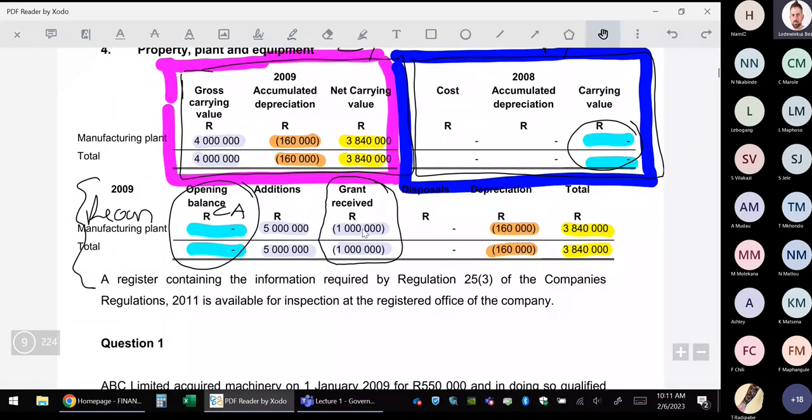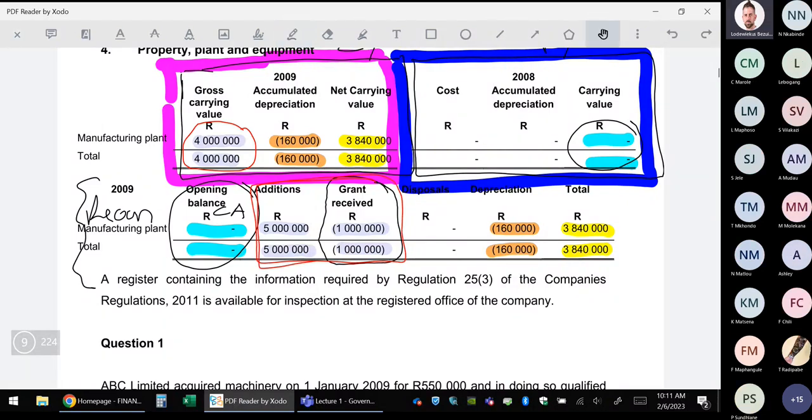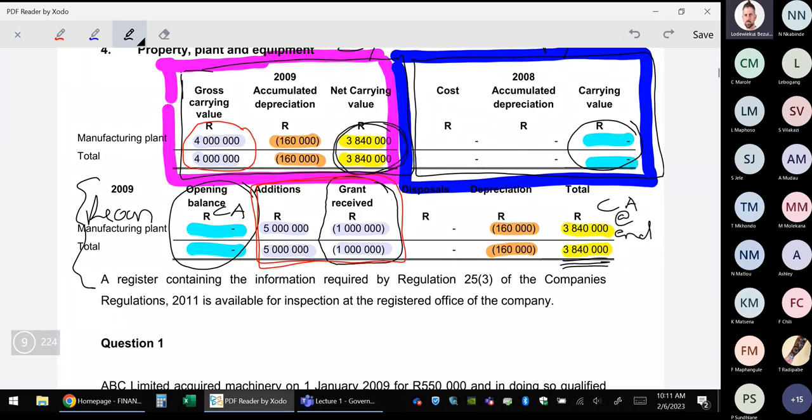So 5 less 1 gives us the 4 million net cost of the asset, and that is those two together. Less the depreciation, we only have depreciation for 1 year at the moment, and that gives us the carrying amount at the end of the year. And that is also the carrying amount at the end of the year.